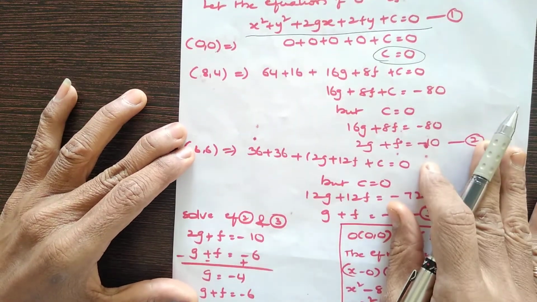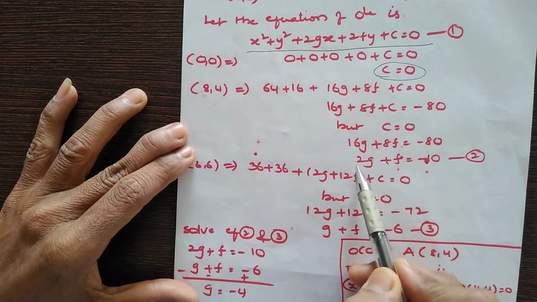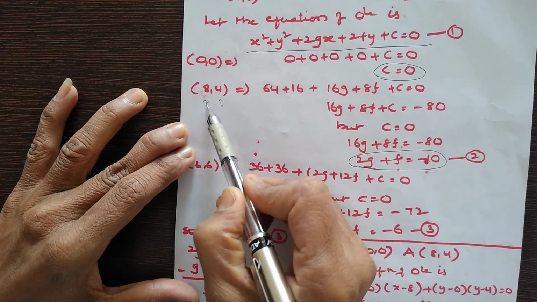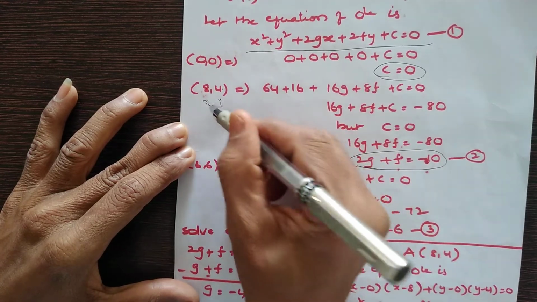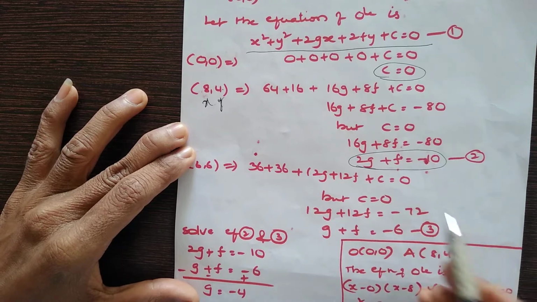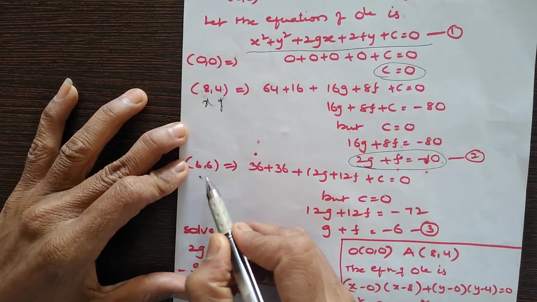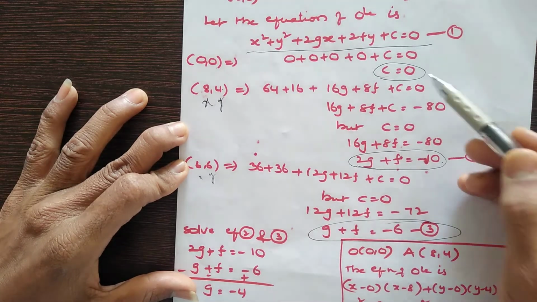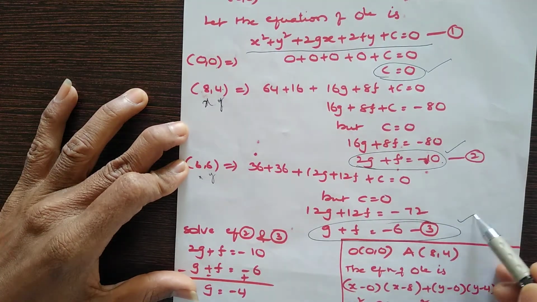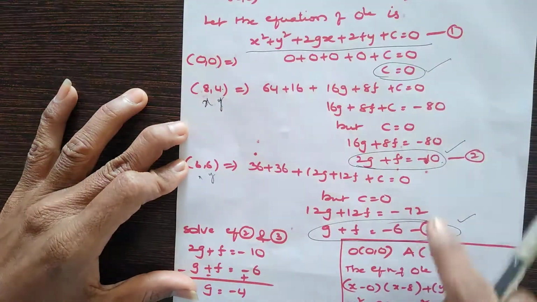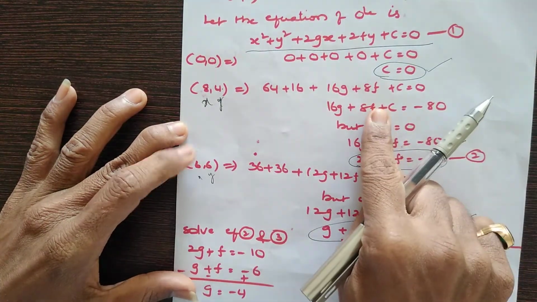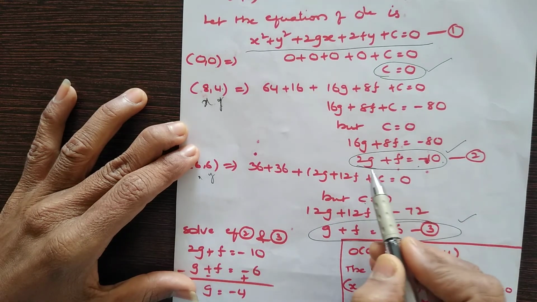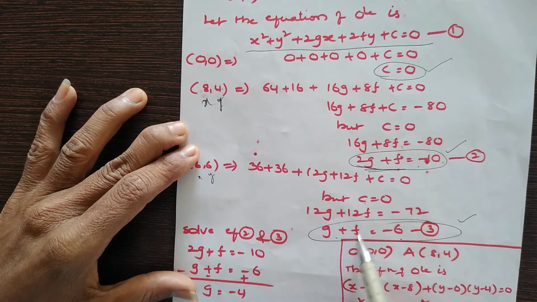If you substitute 8 comma 4, in place of x 8 and in place of y 4, you will get one more equation. Similarly substituting the 3 points gives 3 equations. Substitute the c value in these equations, and you will get two equations in terms of g and f.